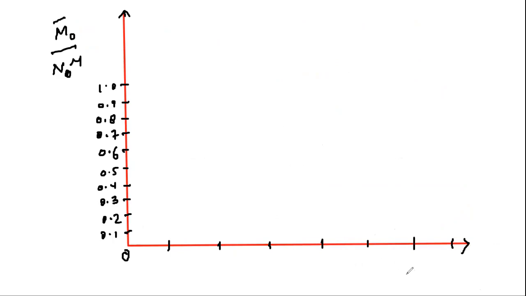So on this side, what I am plotting is the parameter which was denoted by y, mu H by kT. So here it is 1, then here it is 2, here it is 3, right?